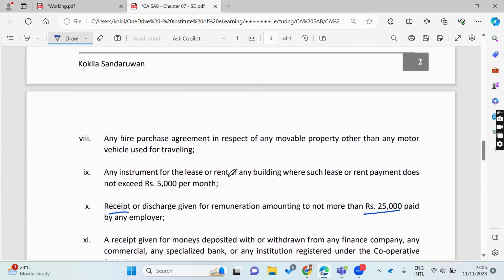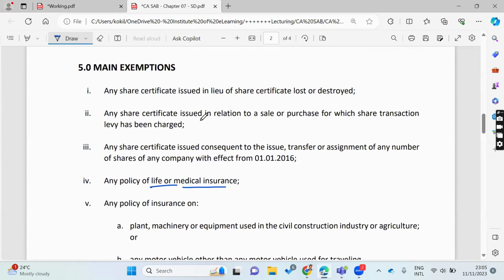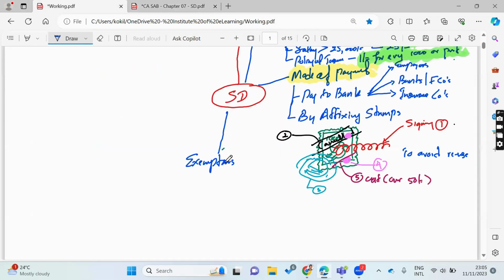So I will write down only two for you to remember. One is life or medical insurance policy. Then if you are getting a salary of less than 25,000, then no stamp duty.